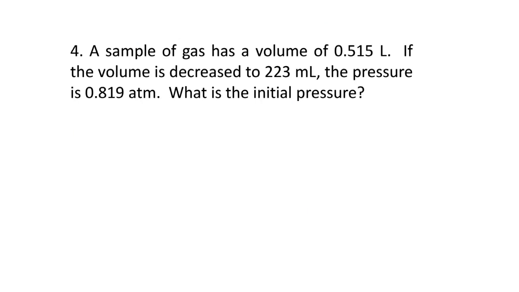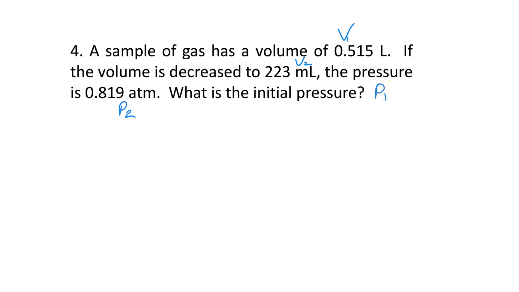Okay, so a sample of gas has a volume of 0.515 liters. So there's our volume. If the volume is decreased to 223 milliliters, so we have our V2, so we're going to put a V1 there, the pressure is 0.819 ATM. So there's our P2, and it's looking for P1.